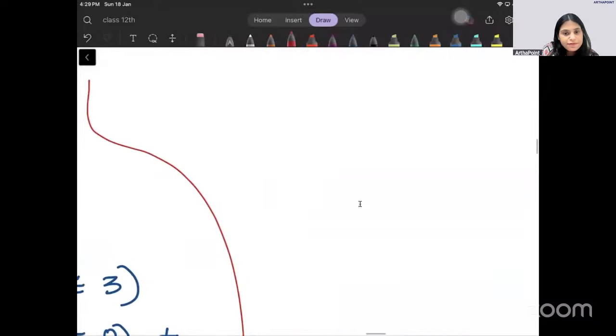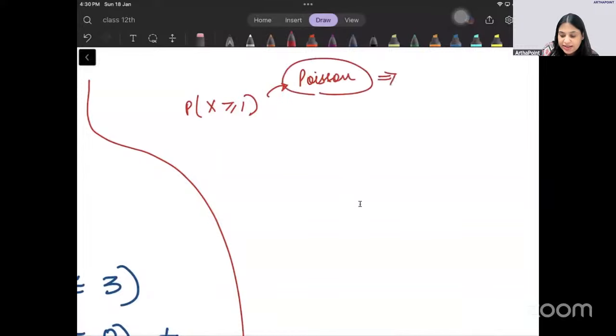When we say probability x greater than or equal to 1, in the other case that we did earlier, in Poisson, the property is that x starts from 0. There is no negative x. So x is 0, and since it is discrete, x can be 0, 1, 2, and so on till infinity.